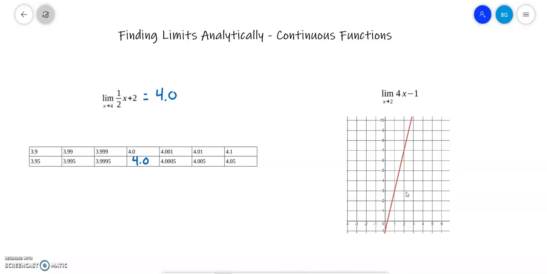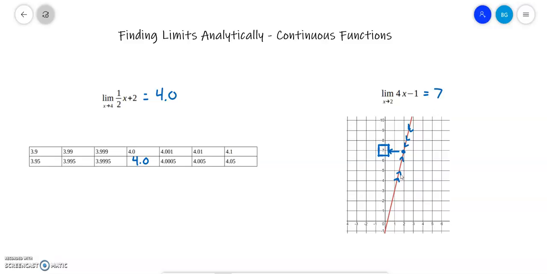And a very similar thing happens graphically. Let's look at the limit of this function as x gets closer to 2. You can probably do that thing where we slide our fingers along the function until they meet at 2. And what's the corresponding function value, or y value, and it looks like 7, so we're going to claim that the limit is 7.